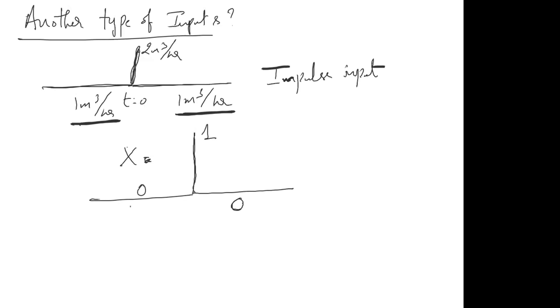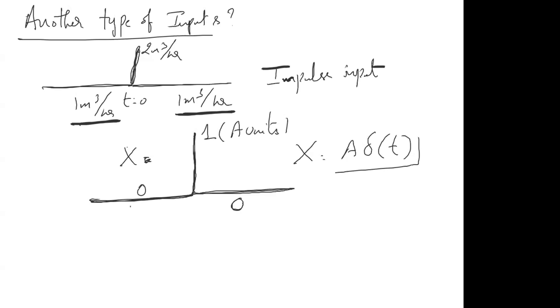Or let's say, for a general case, A units. At time t equal to 0, it is 0 and suddenly it goes by A units and then comes back to 0. So how do you represent this? X equals A into delta Dirac of t.